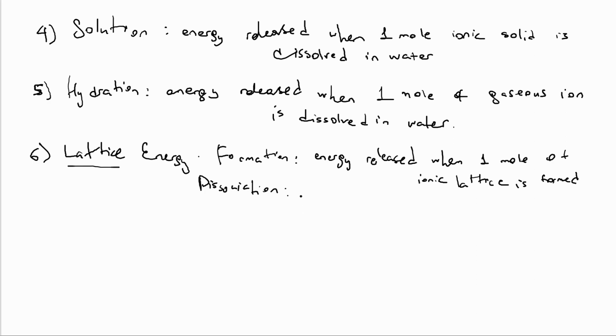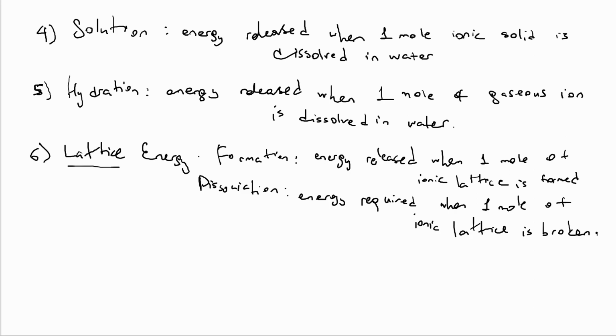Dissociation is energy required to dissociate something: to break bonds you require energy when 1 mole of ionic lattice is dissociated or broken. Okay, so this is lattice energy.